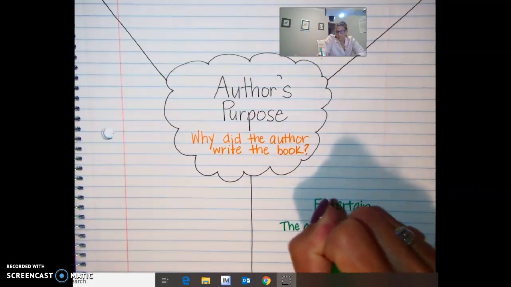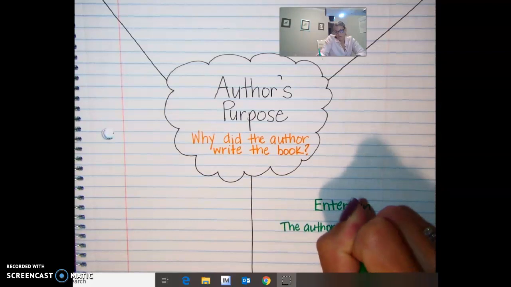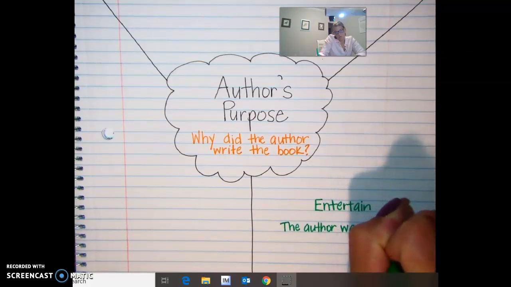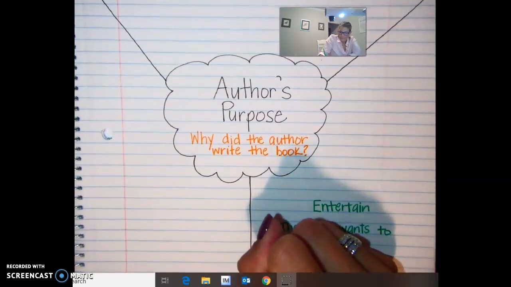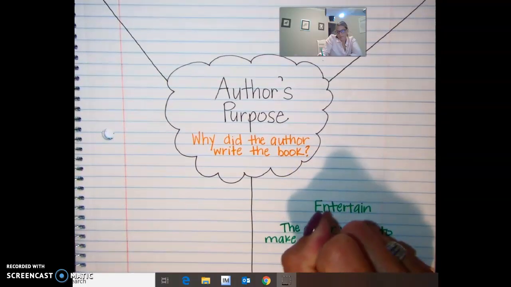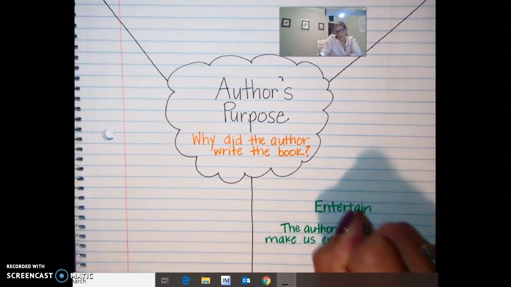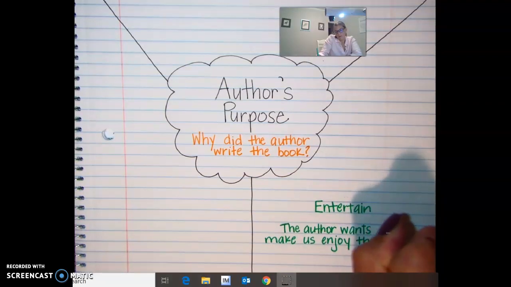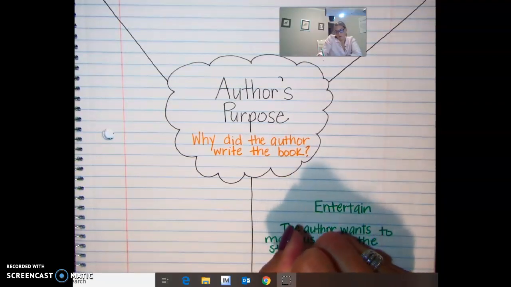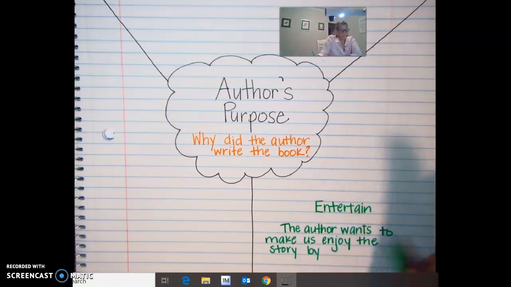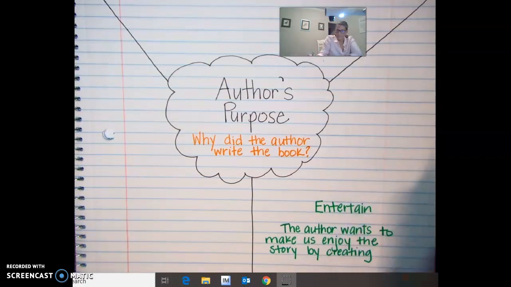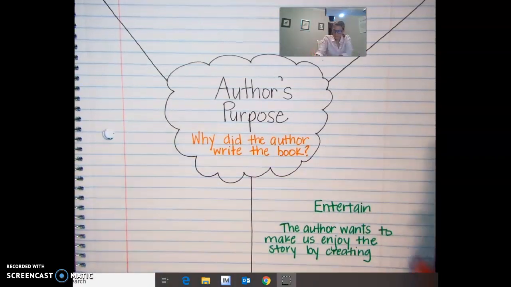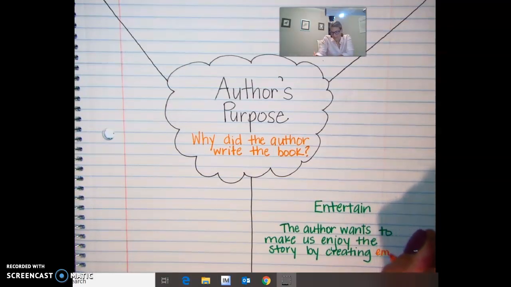The author wants to make us enjoy the story by creating, and I'm going to put this word in a different color, emotion. Okay?